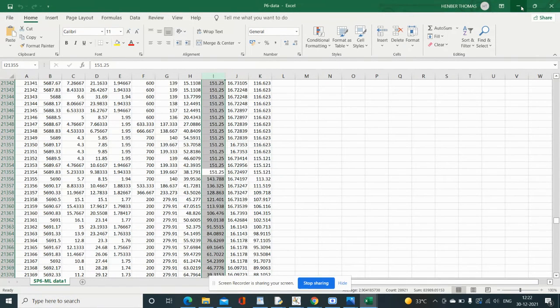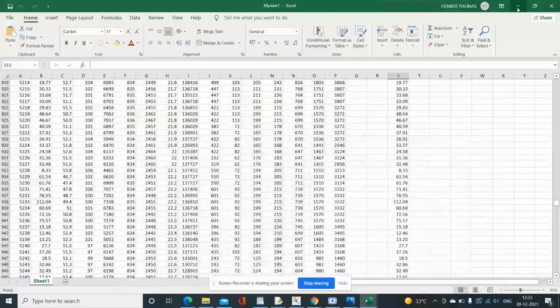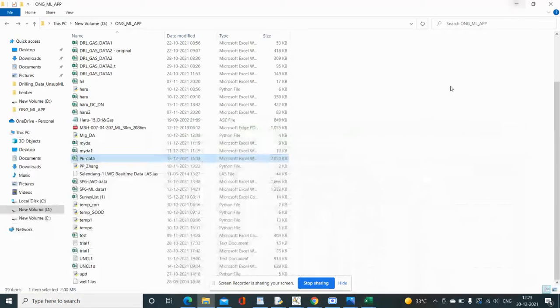So it is really spiky data which we need to eliminate.